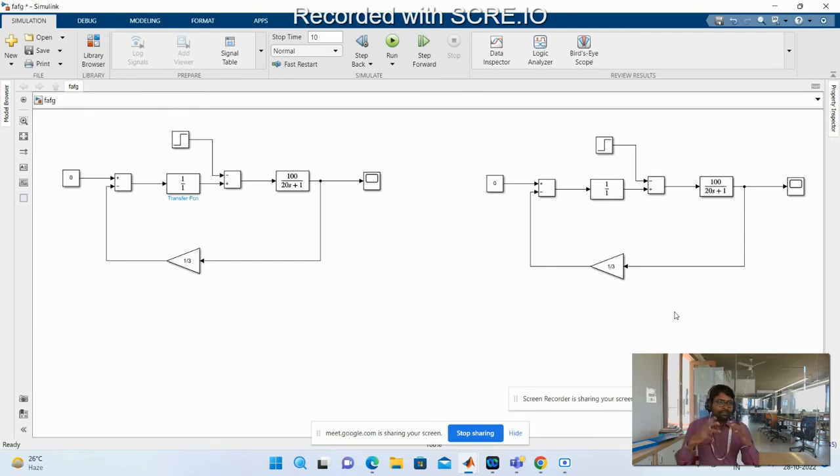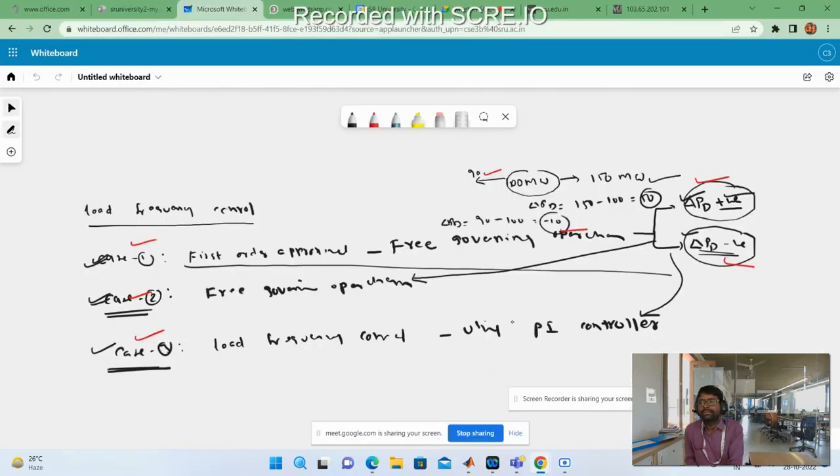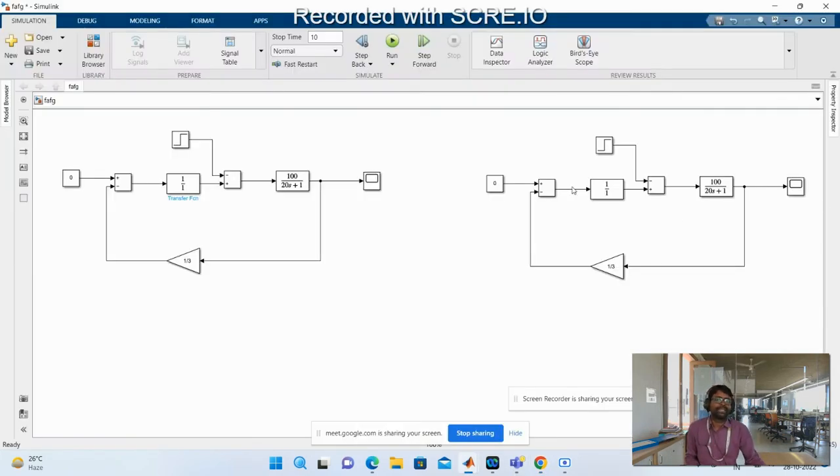If that is the case, what changes do you have to make in this complete model? I want to observe the frequency deviation with respect to time in this scenario. So what changes do I have to do in the simulation here?